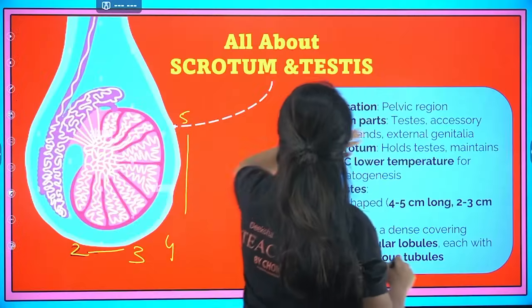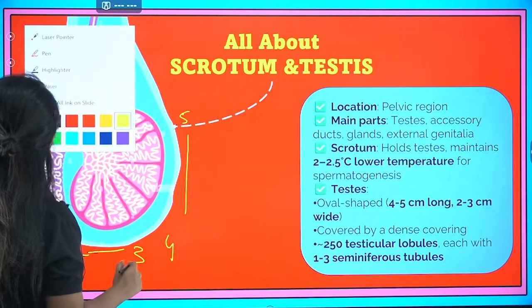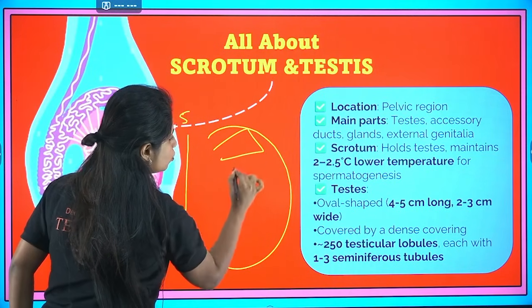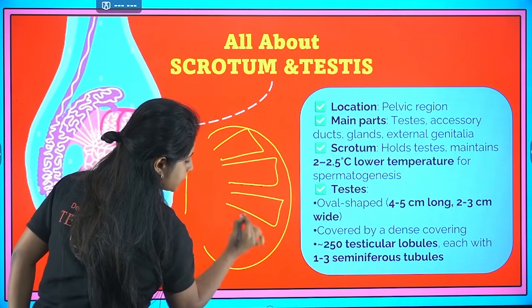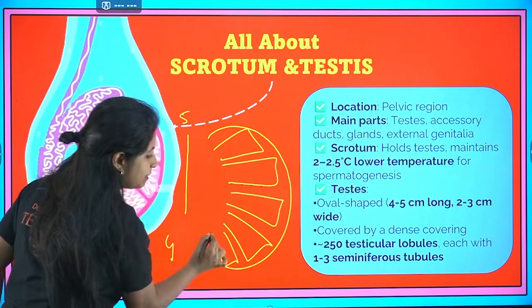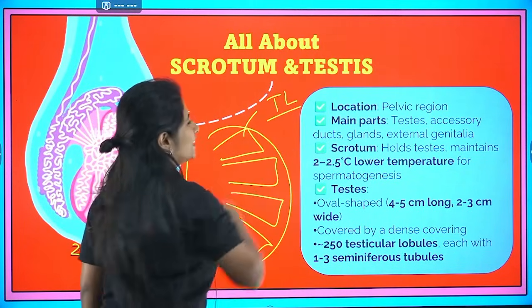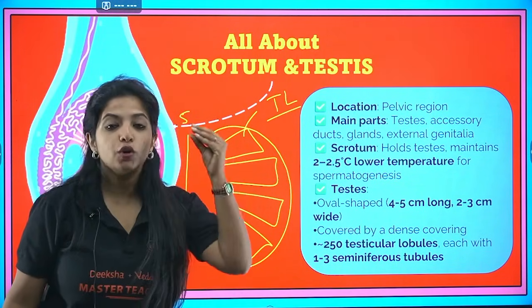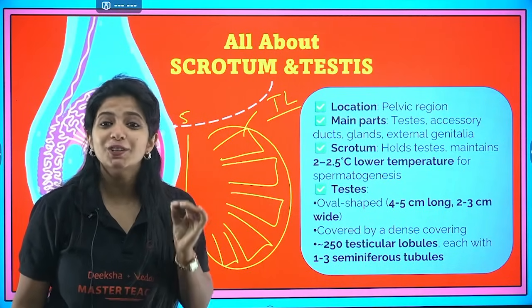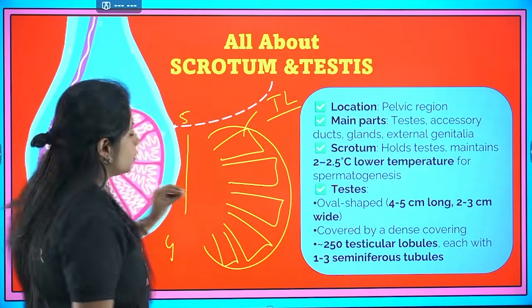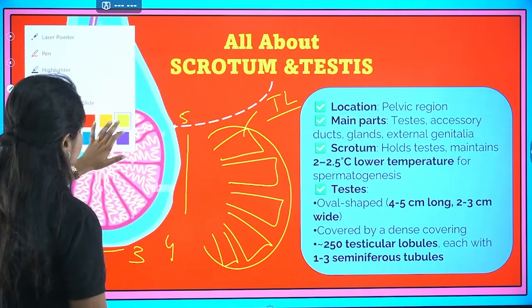Over here, if I talk about the testis, it is divided into a few chambers like this. What do you call this? These are testicular lobules. By the way, how many testicular lobules do you have?